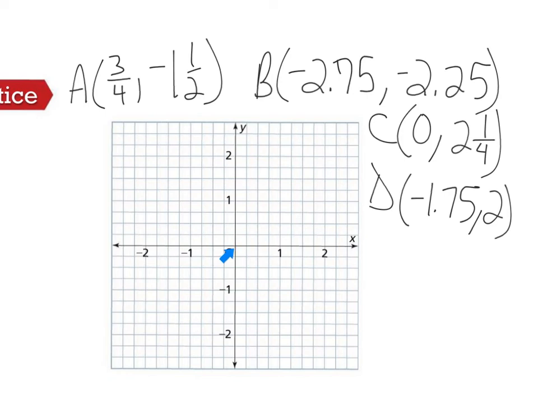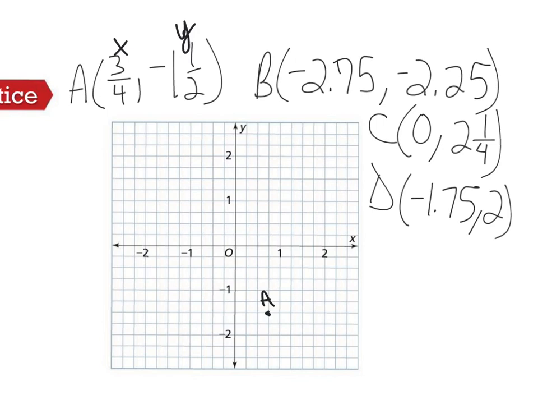We're going to go to 3/4 for point A, and then we're going to go to -1.5 on the y. So 3/4, we get 1/4, 2/4, 3/4. For -1.5, you can go to -1, and then -1 2/4 is equivalent to -1.5. So 3/4, -1.5 would be here as point A.